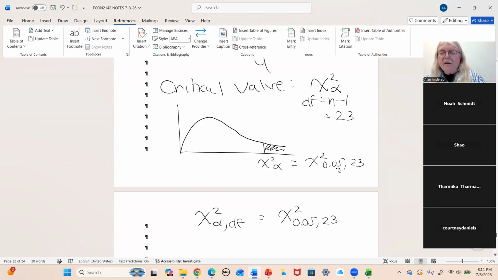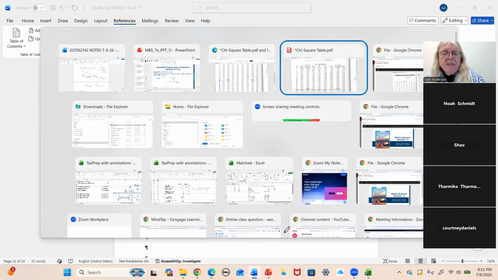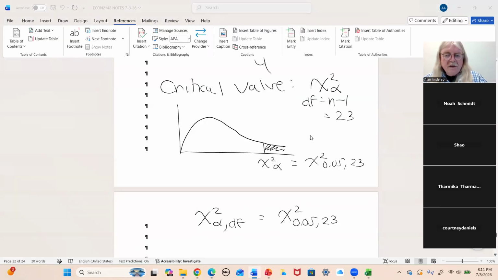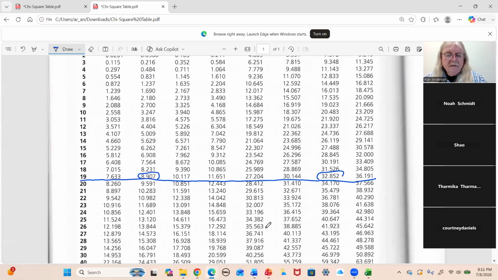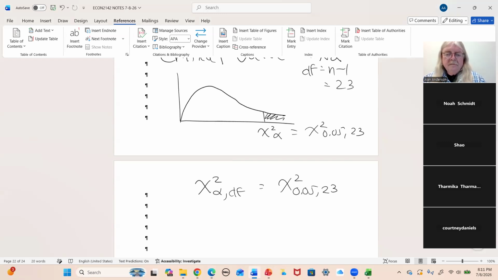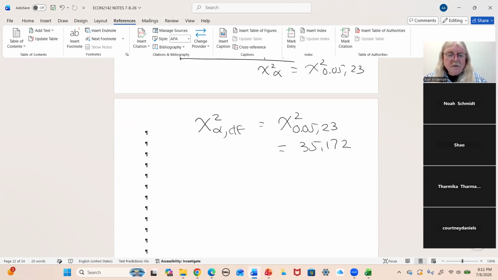You go to your table, you look for the column headed 0.05, which is this one, and 23 degrees of freedom. Let's see, 35.172. All right, and of course, as usual, we're looking for evidence that the test statistic is too extreme.